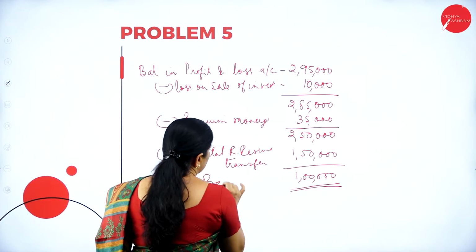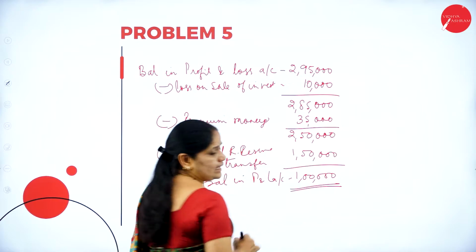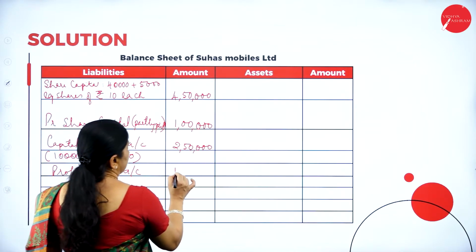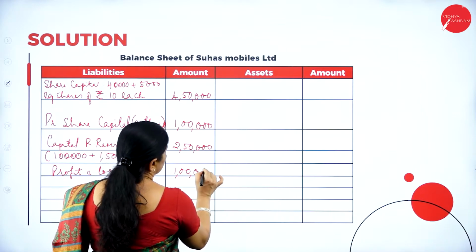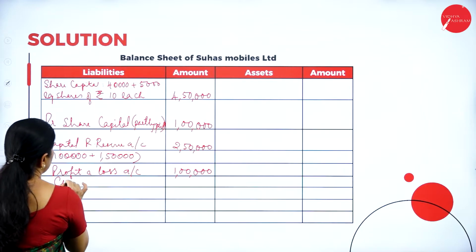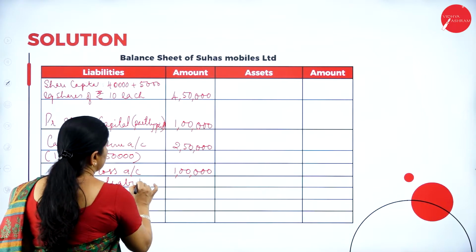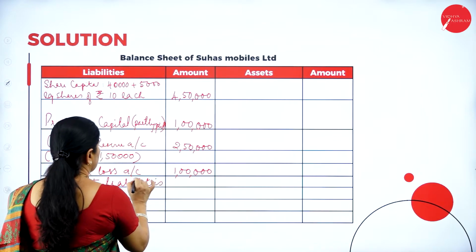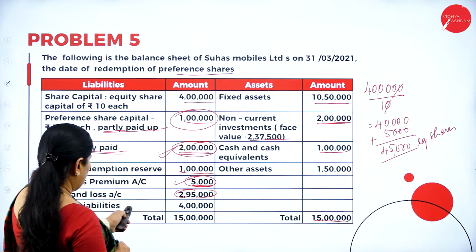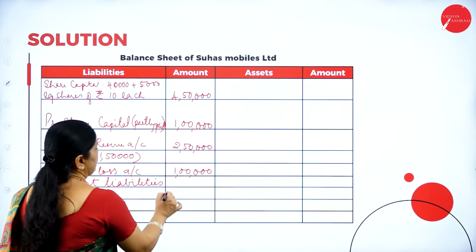So balance in P&L account is 1 lakh. So this balance I will write here as 1 lakh. Then we have current liabilities. Now what is the current liability? 4 lakhs. So I will write 4 lakhs.